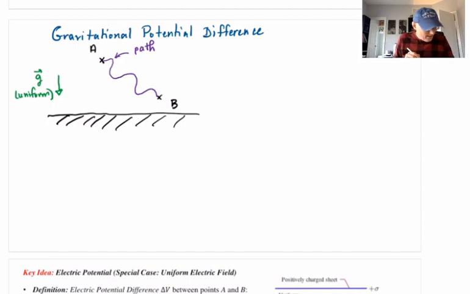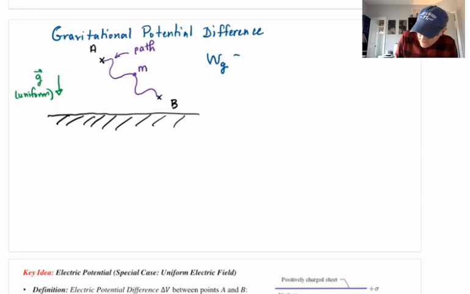All right. And I know that for that path, in the gravitational field, the particle has some mass m, I'll draw it at some point, like right there. There's a gravitational force, m times g, and that does gravitational work, W grav.